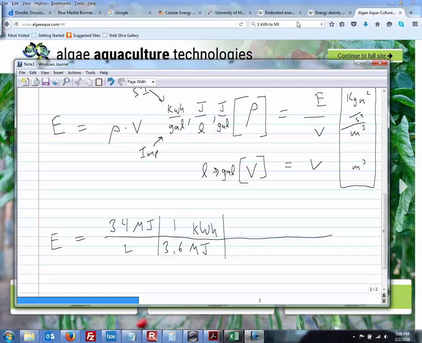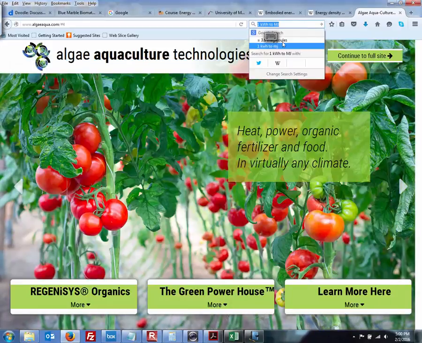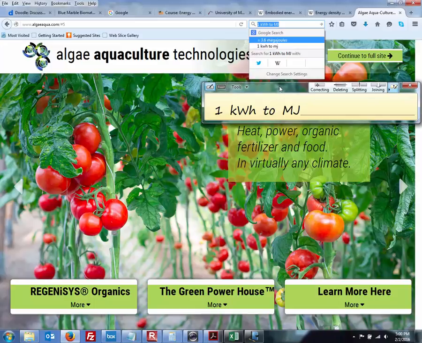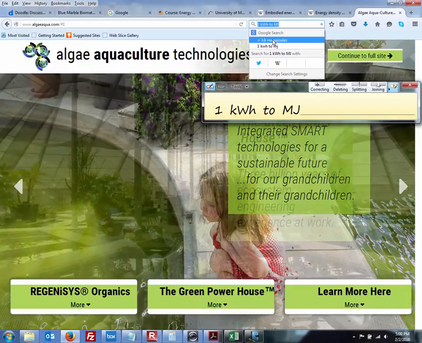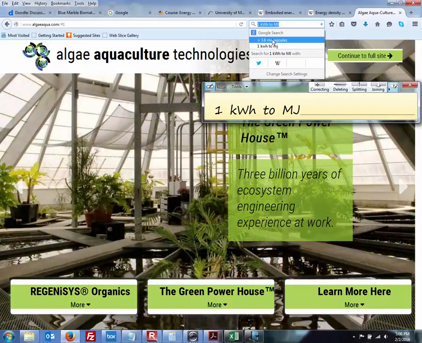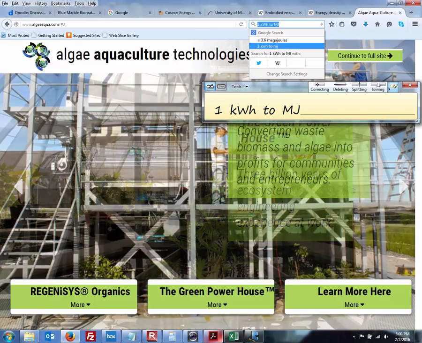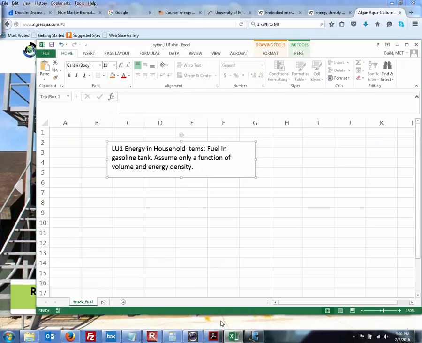Did I get that backwards? Do we want to get rid of megajoules so we end up with kilowatt hours? We do want to get rid of megajoules. 1 kilowatt hour is 3.6 megajoules. Let's get back here.